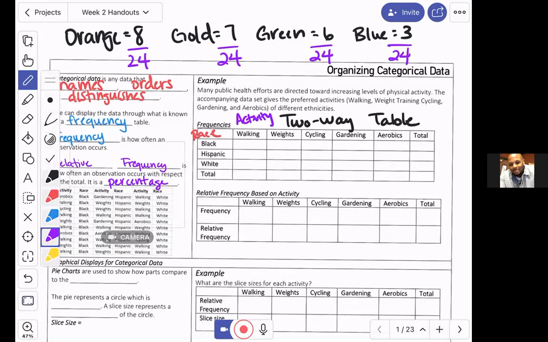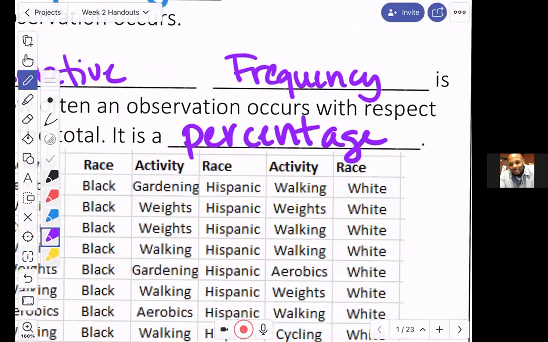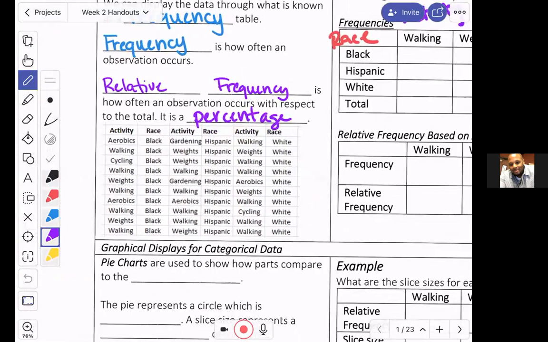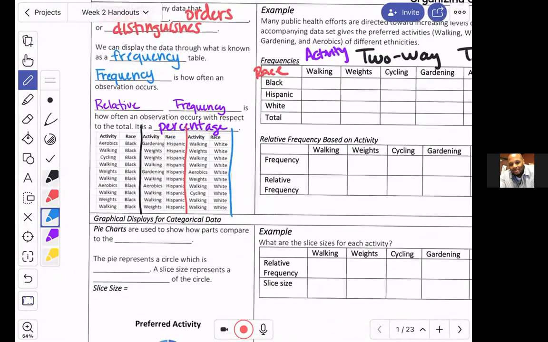And what I need to do is, here are the actual variables that they have. You notice here, for each one of these, here are all the blacks, here are all the Hispanics, and here are all the whites. I see that. So now we have to go through and organize it into this table right here.